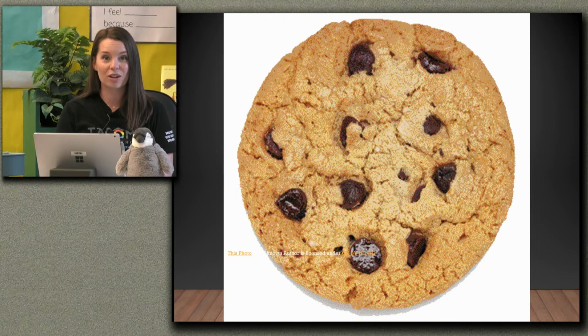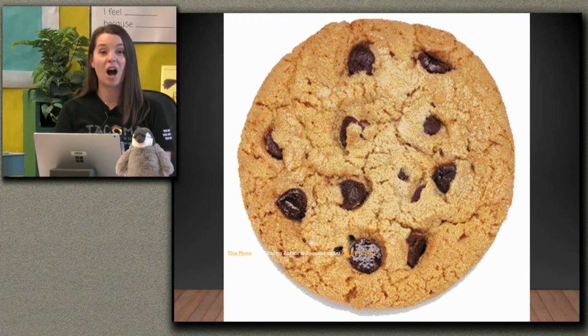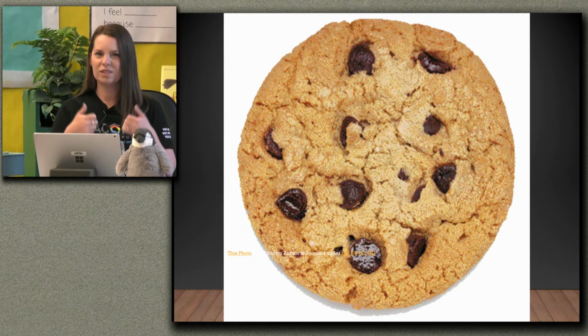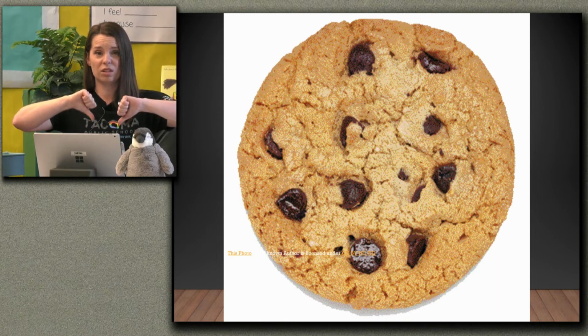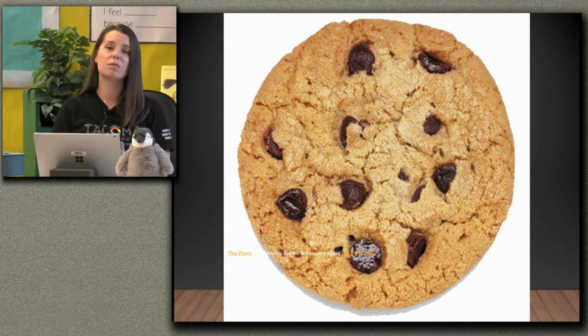But there's an extra cookie. So one of the students says, I want it, and just grabbed it and ate it. And the other student says, I wanted that, and they start arguing over the cookie. Now, was that a win-win solution? Or a win-lose solution? Or was it a lose-lose solution? Stop and think.